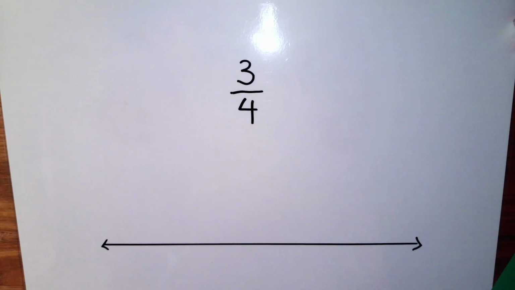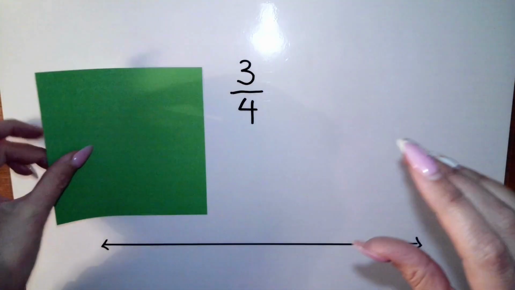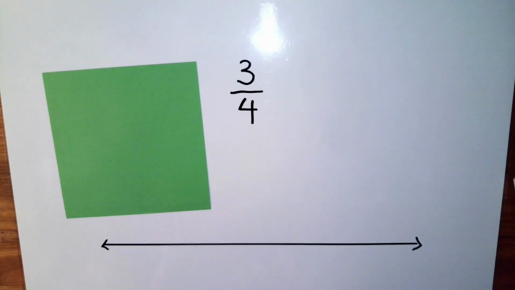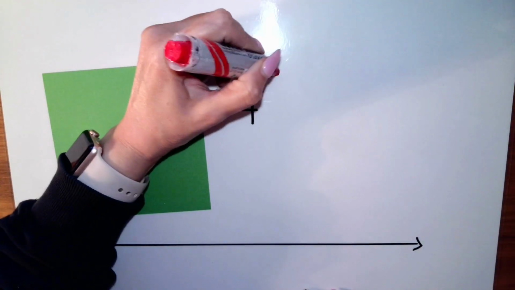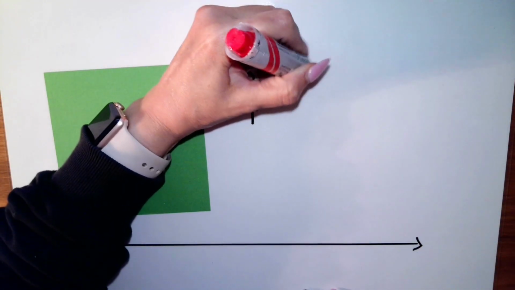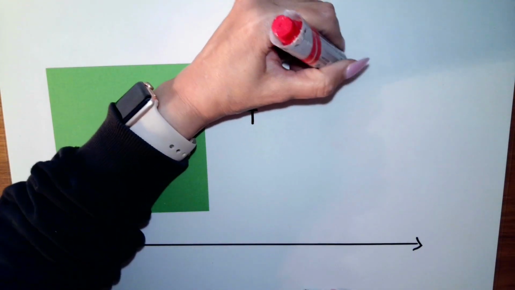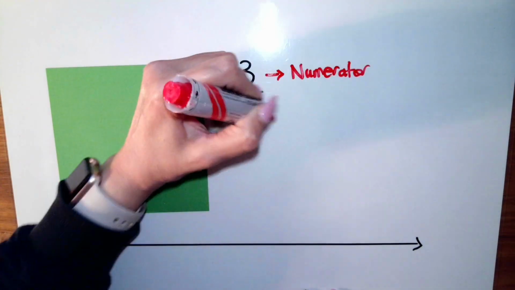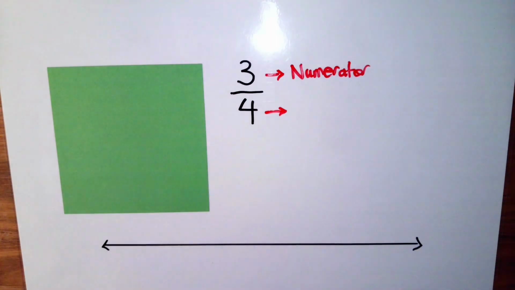So when we're first introducing students to fractions, we're getting them to work with fractions in terms of making their fractions and looking at the part, which is the numerator, out of the whole.